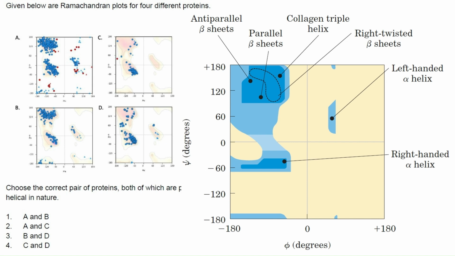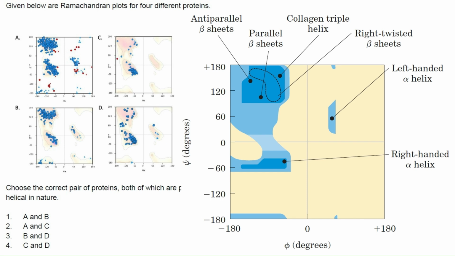Now, here is the image to use as a reference, which shows the phi and psi angles of all the commonly occurring secondary structures in the proteins. By looking at this image of the reference plot, we can see that alpha helix is located in the lower left quadrant. So now we have to choose the proteins which have most of the residues in this quadrant.